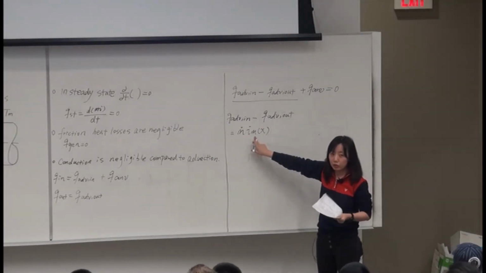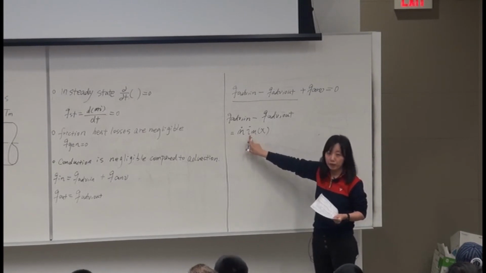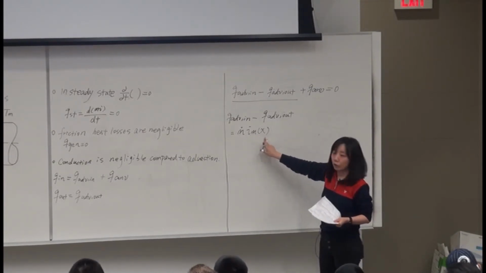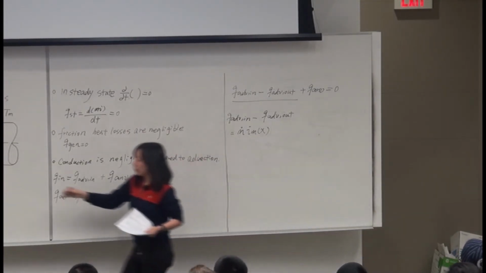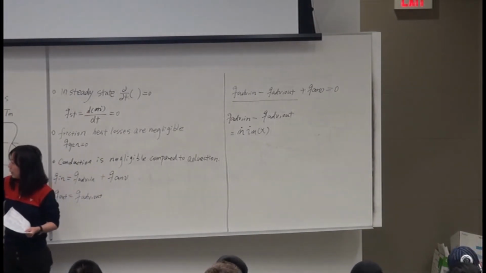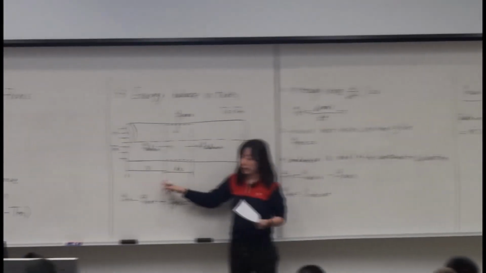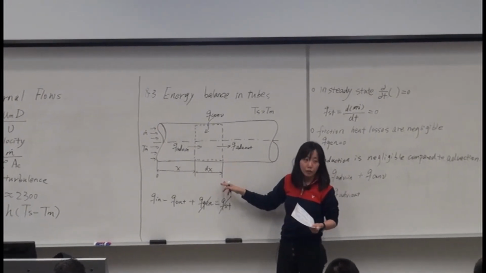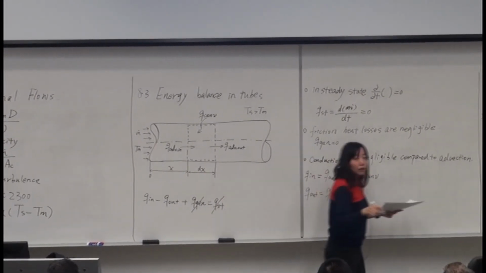The m does not mean mass. Mean enthalpy at the location of x, because in the defined control volume, it flows in at the location of x and flows out at the location of x plus dx.